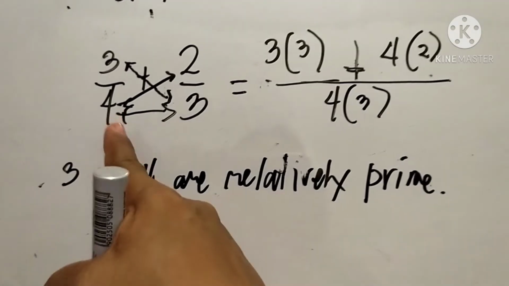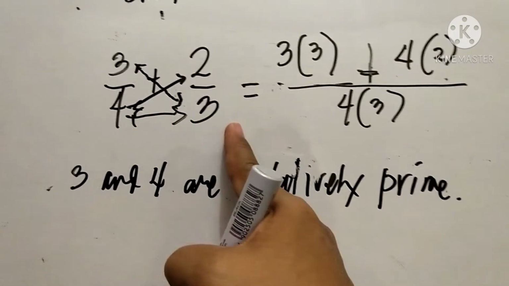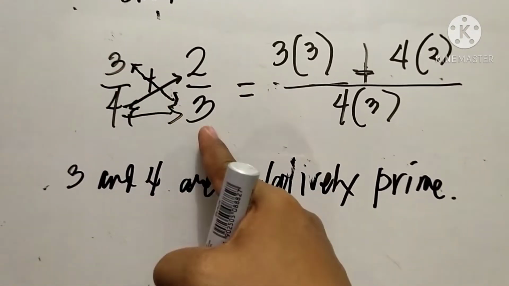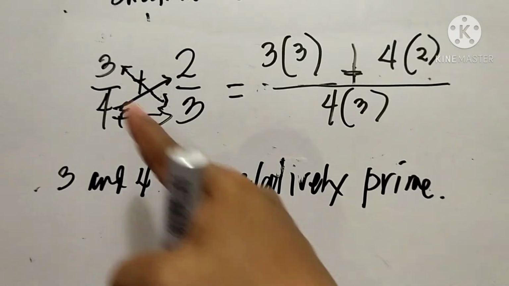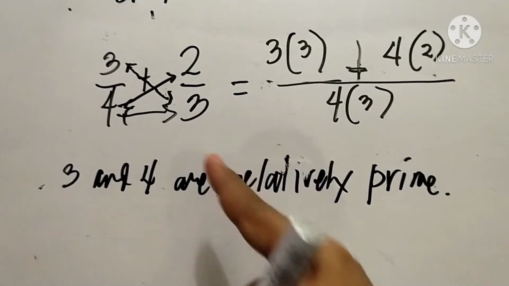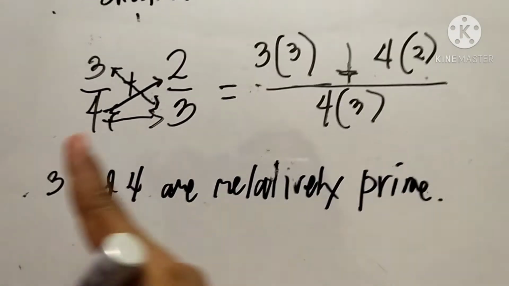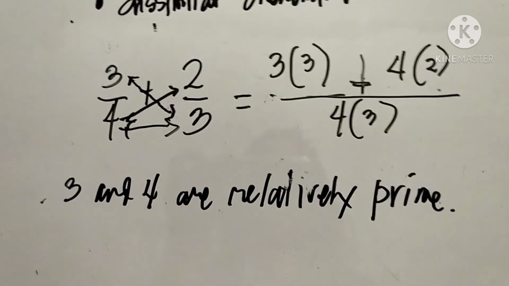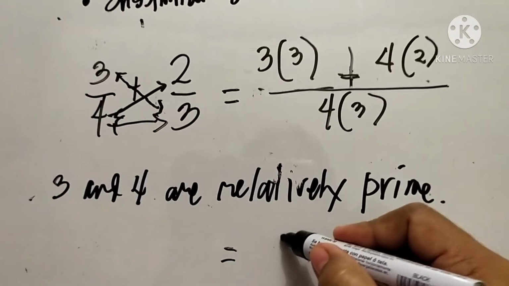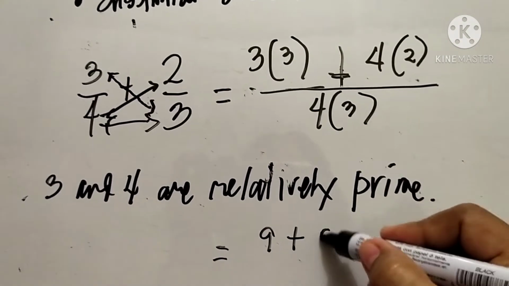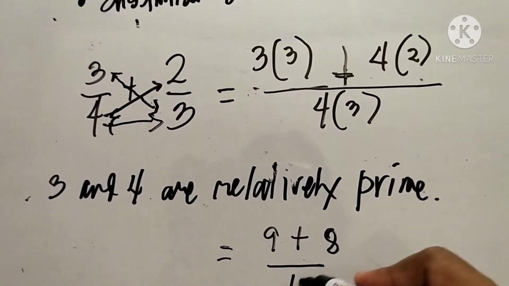Again, if the denominators are relatively prime, meaning they don't have common factor, you can just cross multiply. So we have now 3 times 3 is 9 plus 8 over 12.